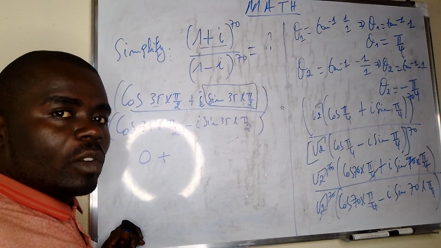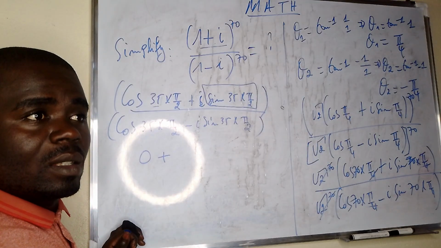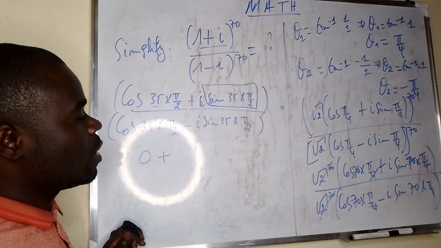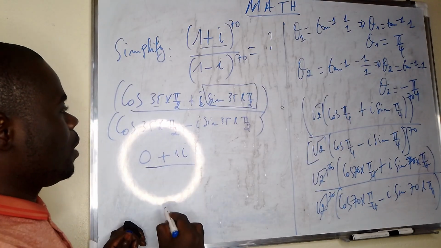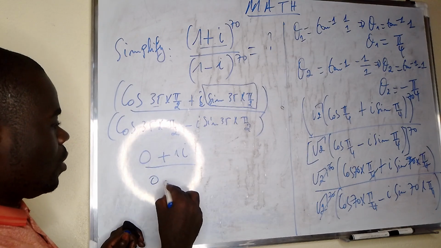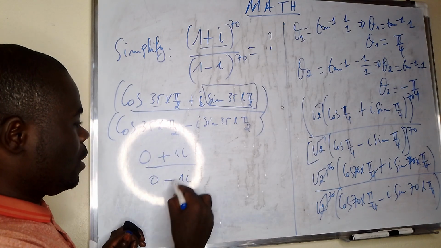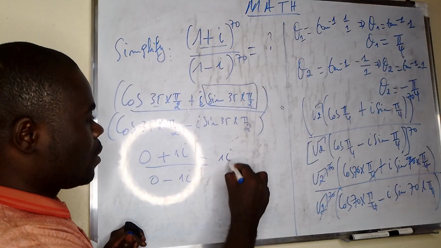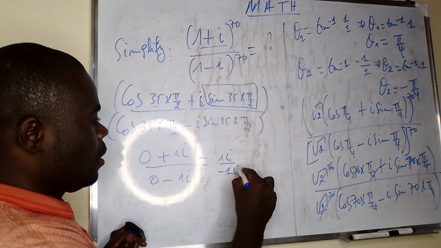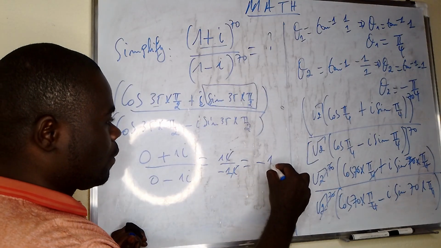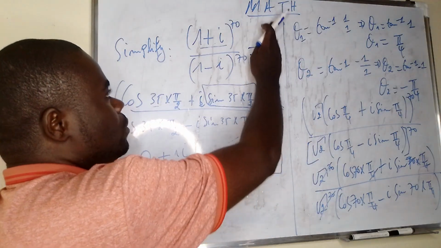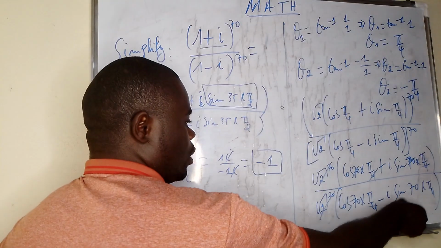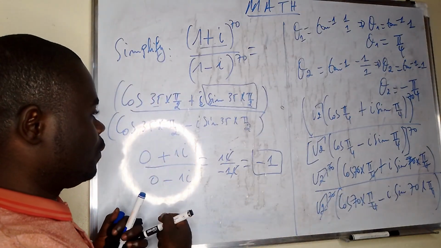So the numerator is 1i, and the denominator is 0 minus 1i. So this is 1i over negative 1i. When you simplify, you get negative 1. So this is the solution to our equation.